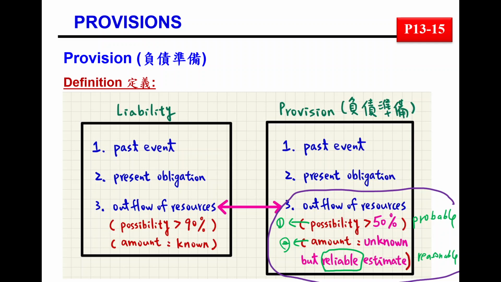Only when these three conditions exist at the same time will we call it provision. When we call it provision, it means it's probable and reliable, so we will record it on financial statements.